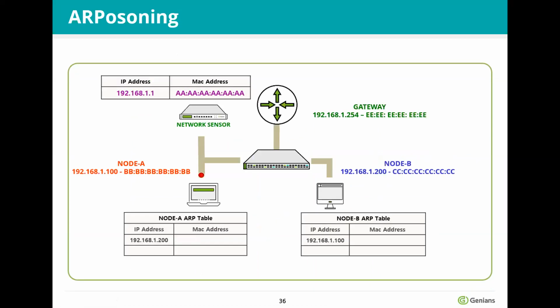And this is how to control and modulate the ARP table to block a node.